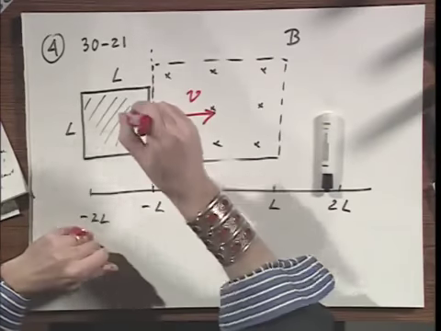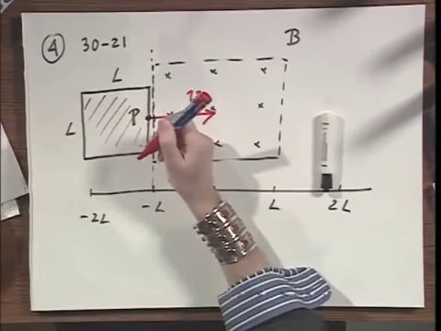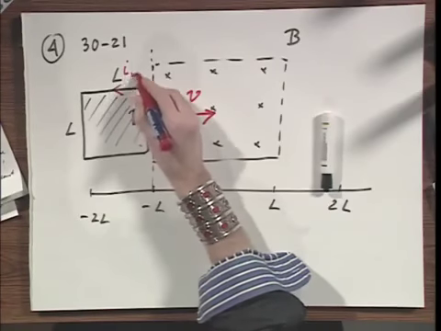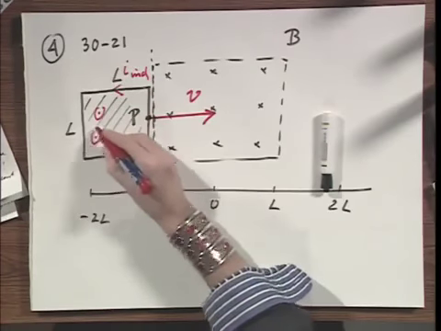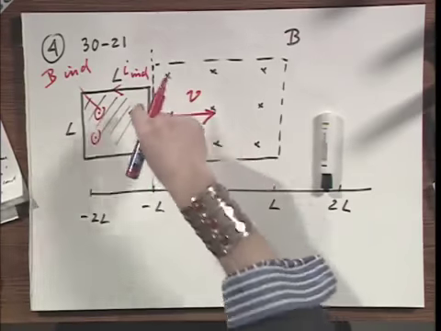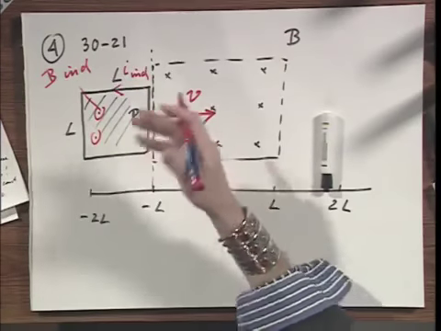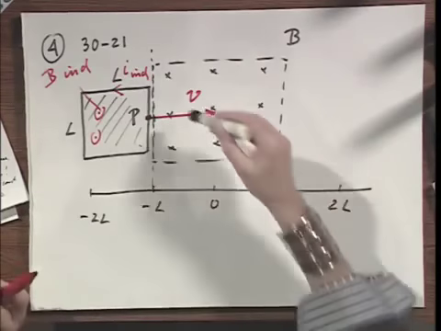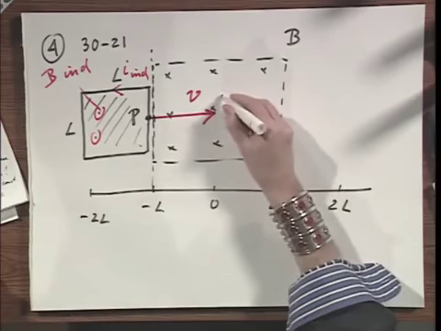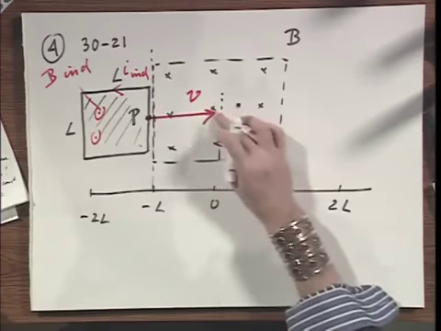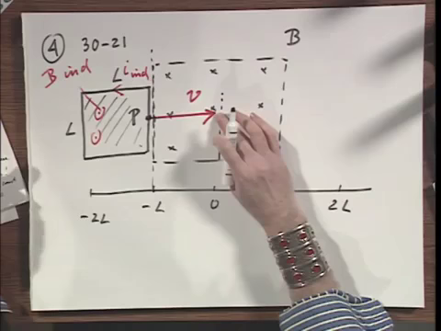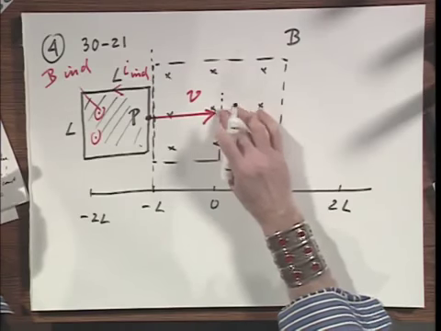If the magnetic flux is increasing in this direction, the current that will flow will try to oppose that increase, and so it will create an induced magnetic field in this direction, so that the flux in the paper doesn't grow so fast. Once the loop is completely inside, that means once point P reaches 0, there is no longer any flux change, and so there is no longer any induced current, and the current will stop once it reaches this point.